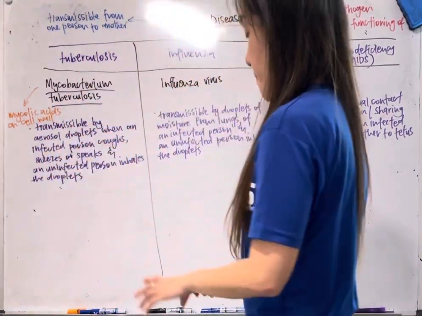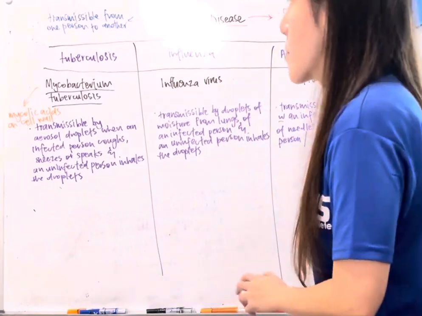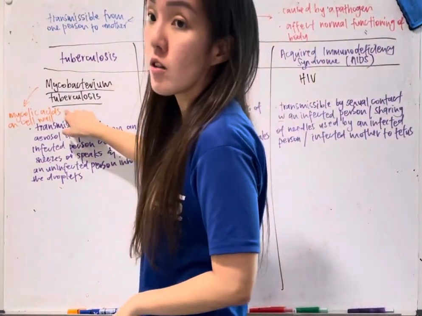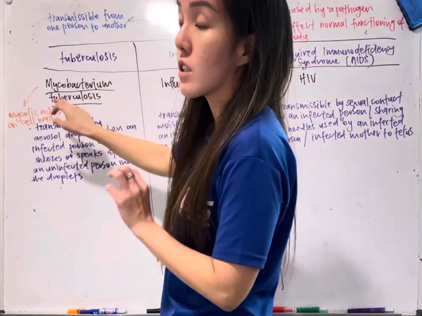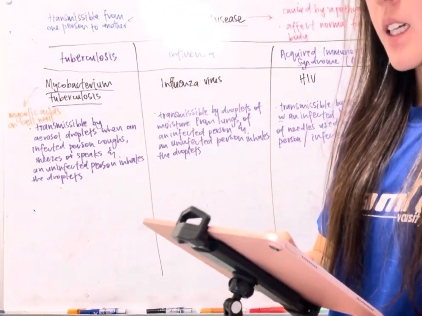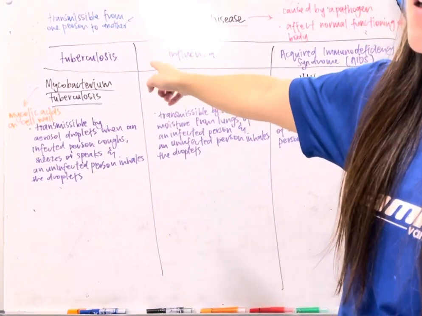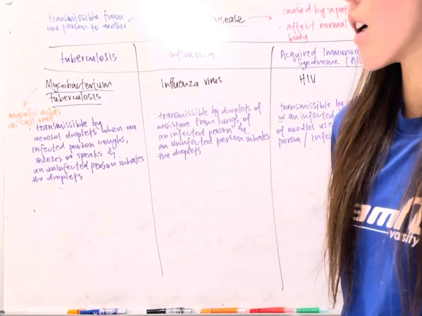Mycolic acids prevent the formation of the phagolysosome during phagocytosis, so the bacteria are not easily killed by phagocytosis alone.